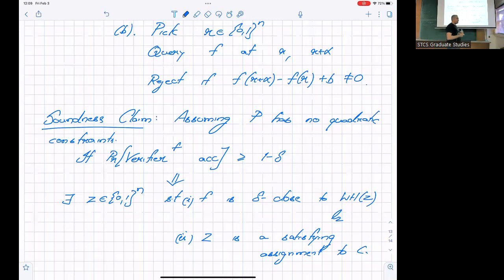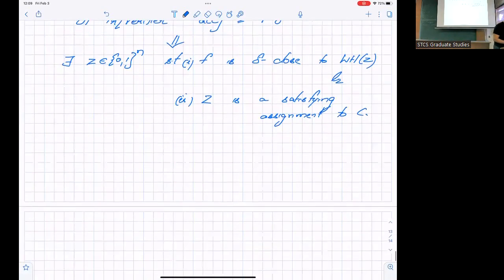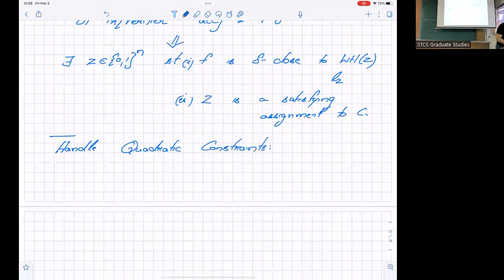Okay. But we need to handle quadratic constraints. So far, what did we give?